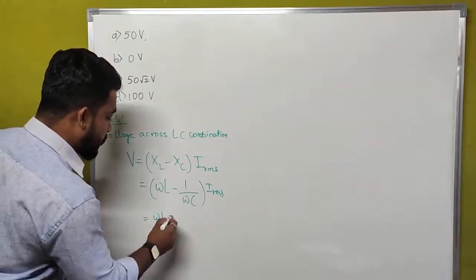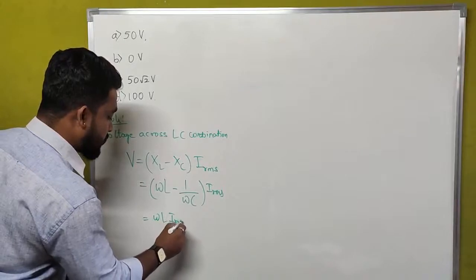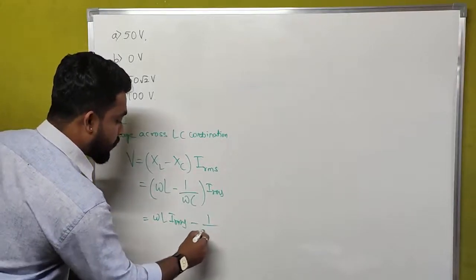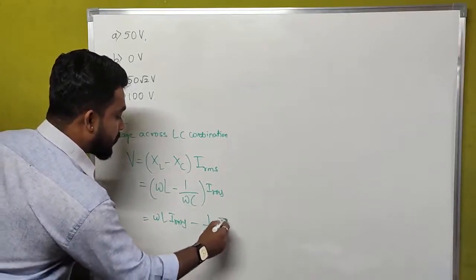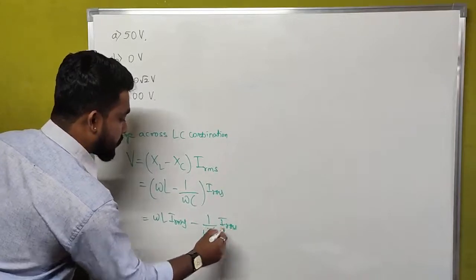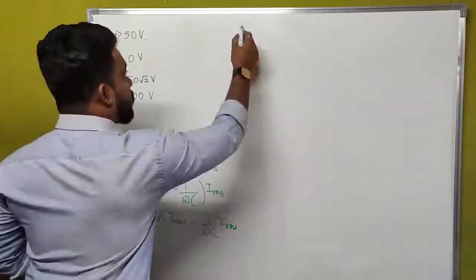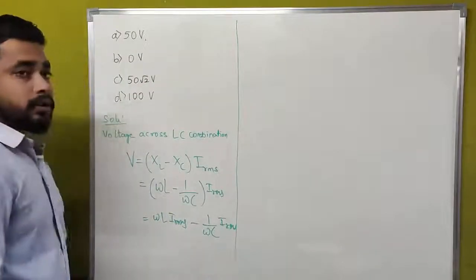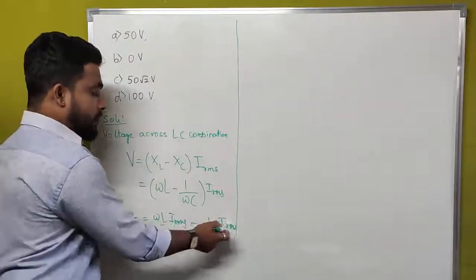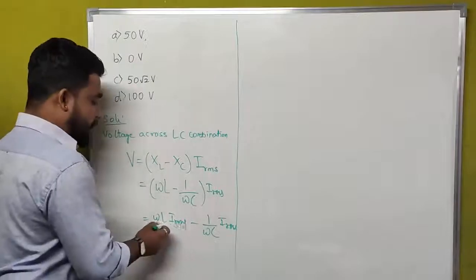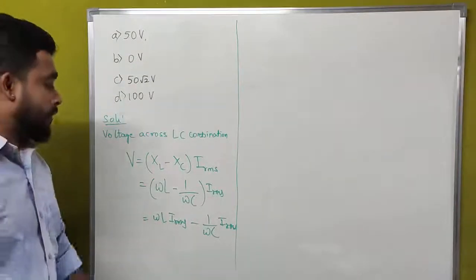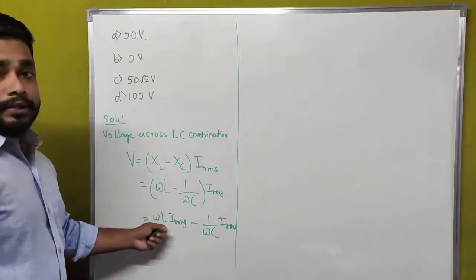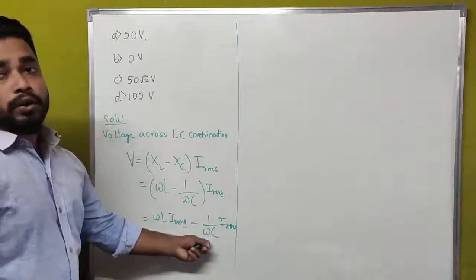Omega L into IRMS minus 1 over omega C into IRMS. Now here this is resistance into current, this is current into resistance. What is the expression for current into resistance? That is voltage. This is also voltage.